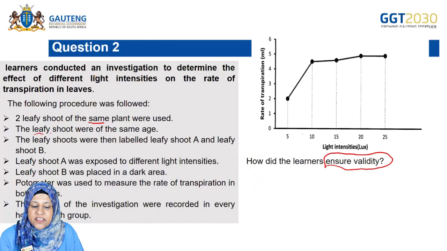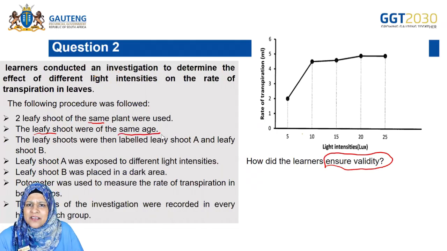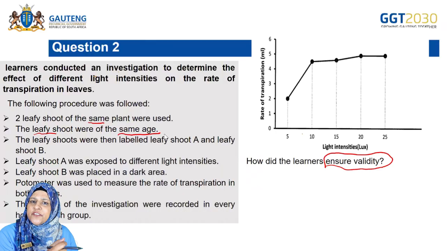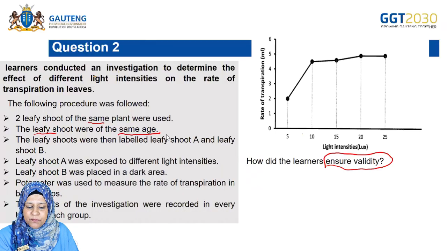They used the leafy shoot of the same age. They didn't use a young leafy shoot and an older leafy shoot with more established leaves, for example. Okay, so that's how they ensured validity, right?